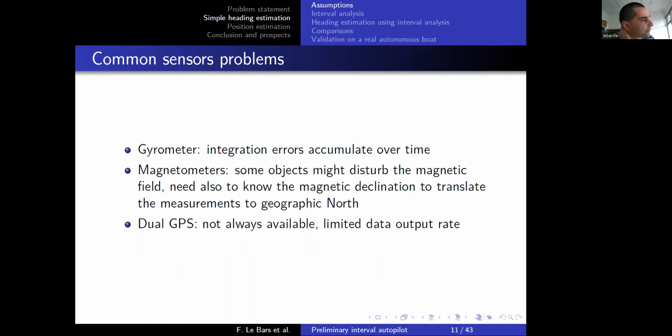And for the dual GPS, sometimes it might not be available if we do not have a clear view of the sky. Another problem is that the GPS typically does not output data at a very high rate. Most of the time, I would say it is something like 1 data every second, which might not be enough for some control loops.